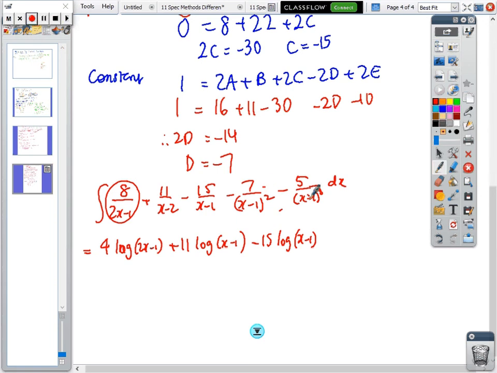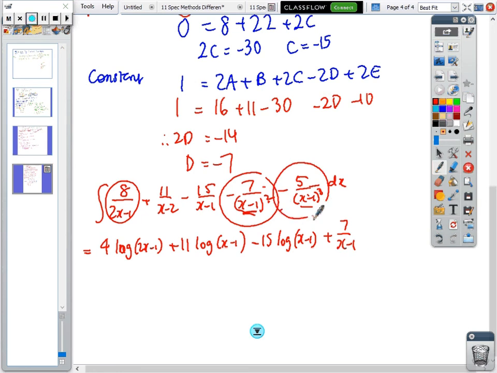Now these last couple don't turn into logs. So these are linear relationships, so we're going to add 1 to the power and divide by the power. And so this one here is going to turn into just positive 7 over x minus 1.